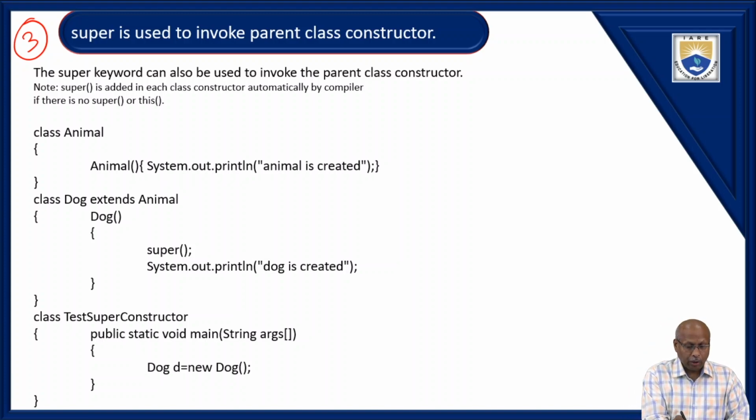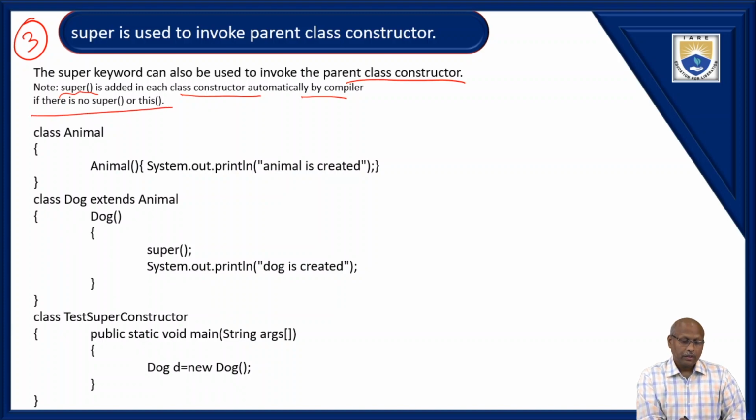Note: super is added to each constructor automatically by the compiler if there is no super or this. So when there is no super or this, automatically the parent constructor will be called.